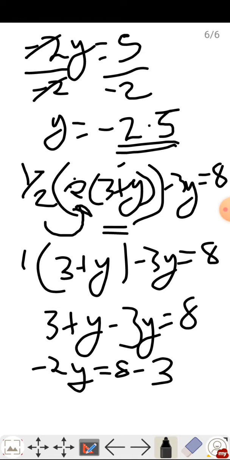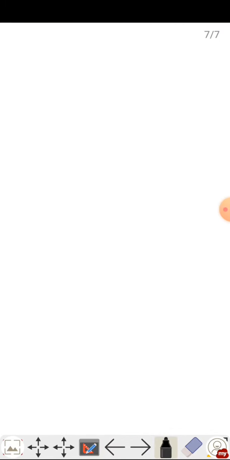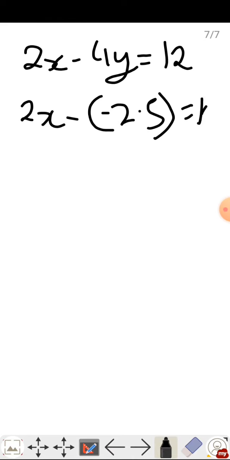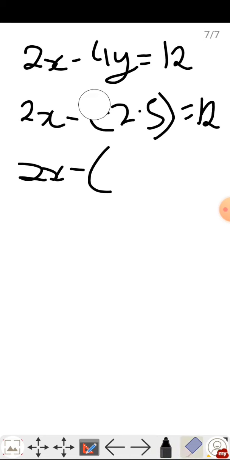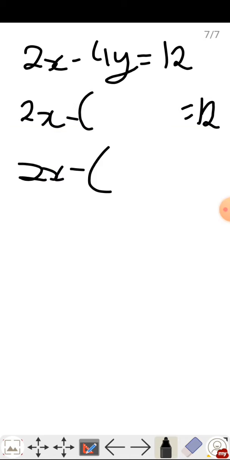So now you choose any of the two equations. In this case, I'll take the easier one, the 2x minus 4y equals 12. So now we know the value of y, which is minus 2.5. So it's 2x minus, oh sorry, here it's 4 times minus 2.5.